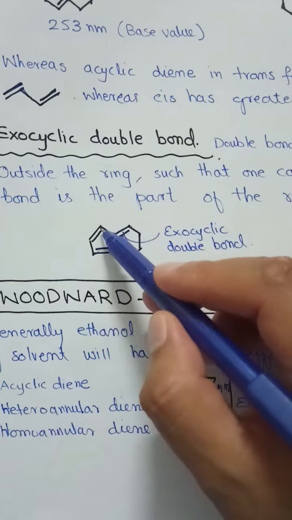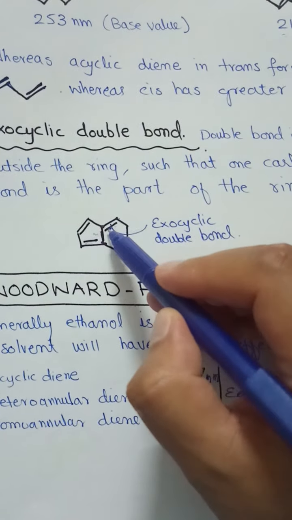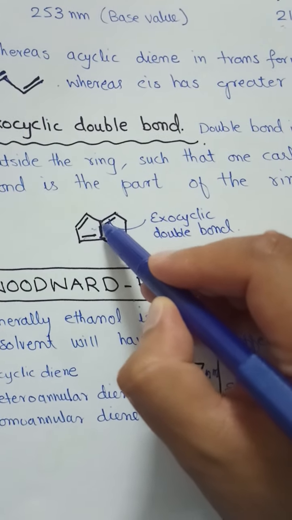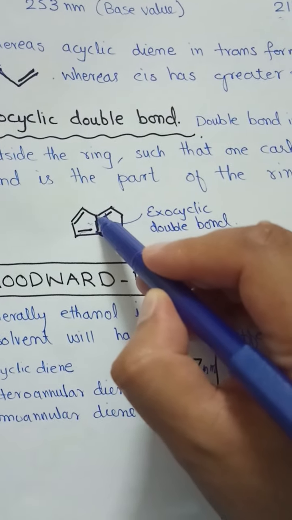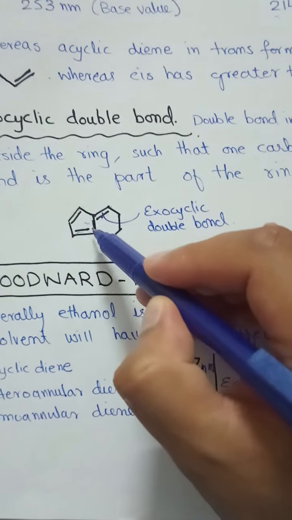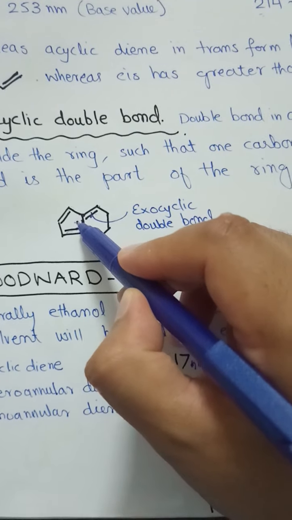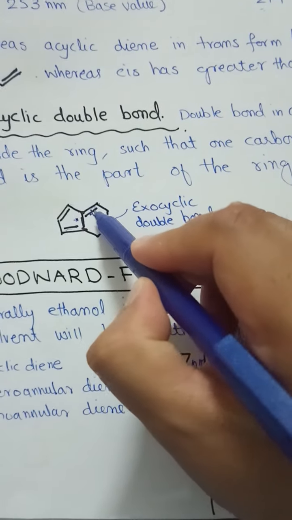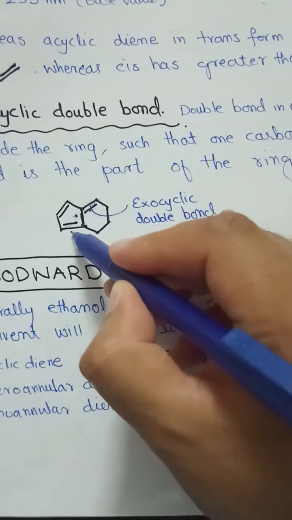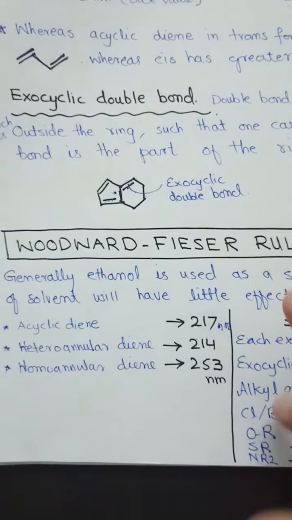Here we have this conjugated system, and this double bond is part of the conjugation, and this carbon of the double bond is also part of this cyclic ring. So against this cyclic ring, this is the exocyclic bond. Similarly, for this ring, this double bond is exocyclic.